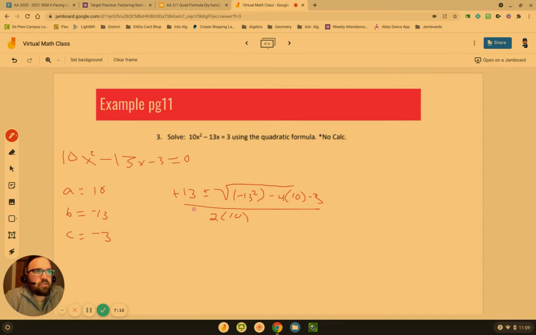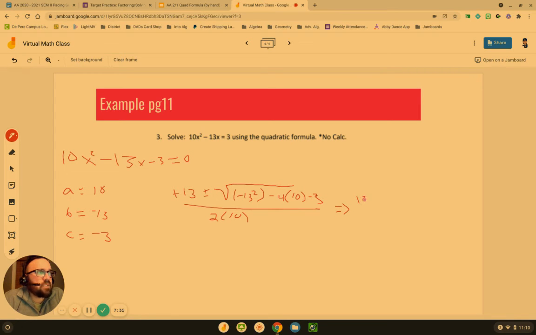Opposite of B is going to be a positive 13 out front, plus or minus the square root of a negative 13 squared minus 4 times 10 times negative 3, all over twice 10.